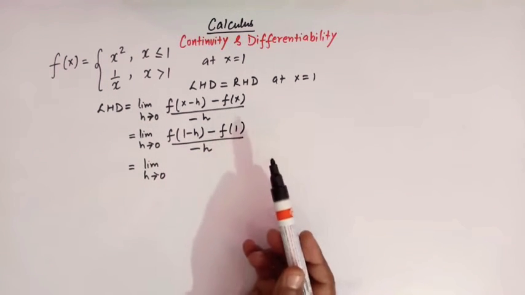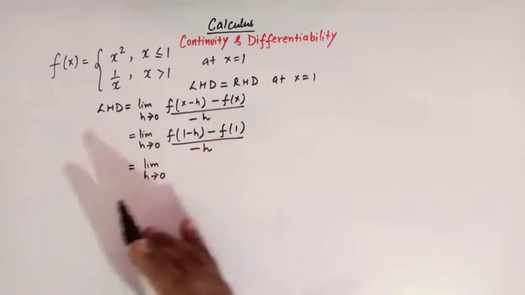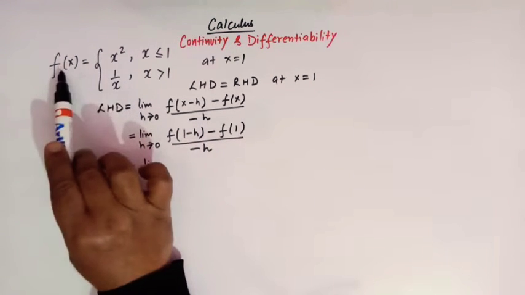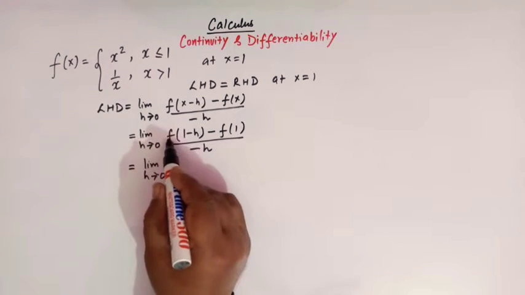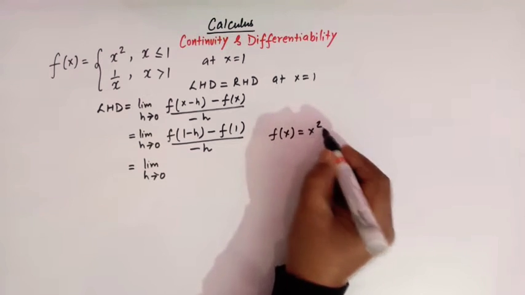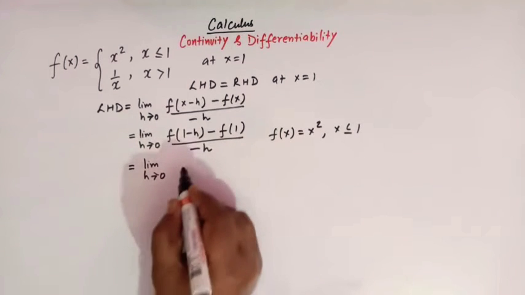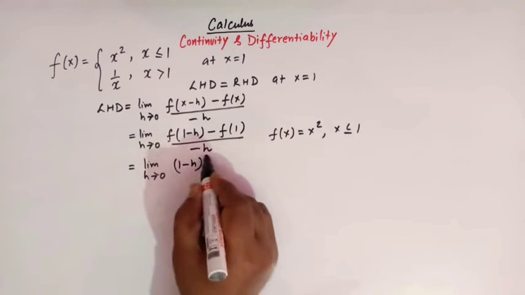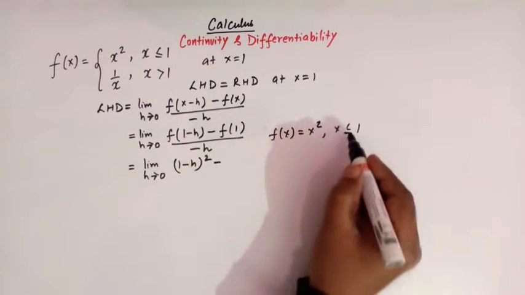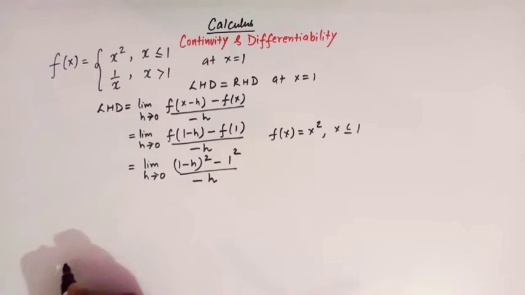It means we are approaching towards 1 from the left of x is equal to 1. So we'll take f of x is equal to x square. So f of 1 minus h is written as 1 minus h square, because x is 1 minus h, and here f of 1 can be written as 1 square divided by minus h, right?